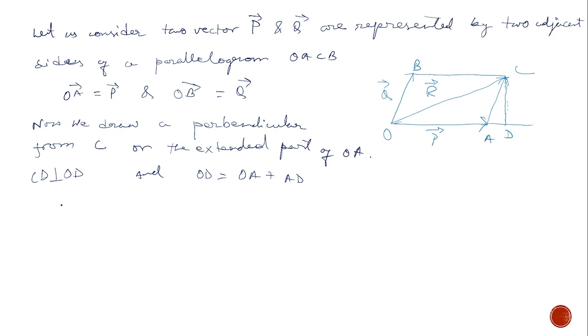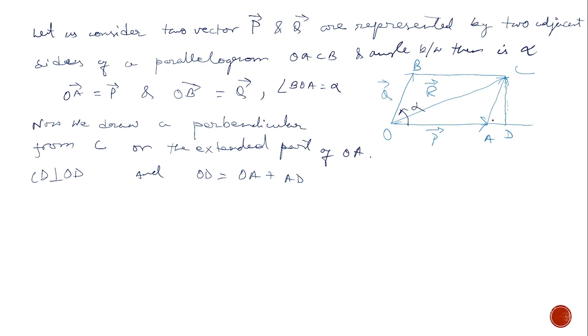Now the angle between the two vectors is alpha, angle BOA is equal to alpha.